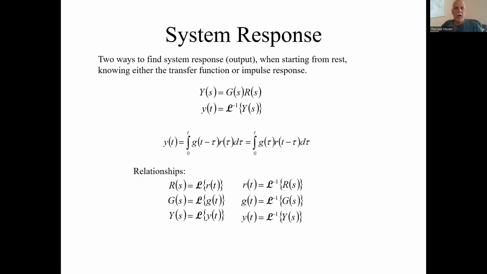So to sum that up, we have two ways to find an output to a system. We can do the Laplace approach, which says multiply the Laplace transform of the input times the transfer function, and then take the inverse Laplace transform of that result.